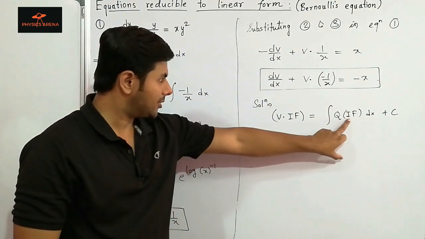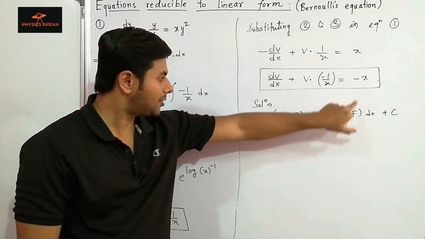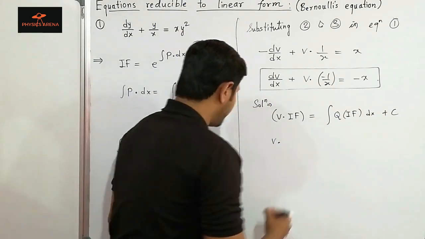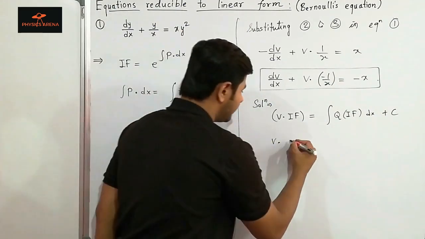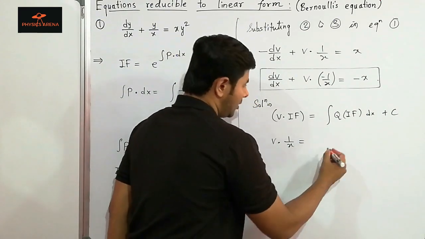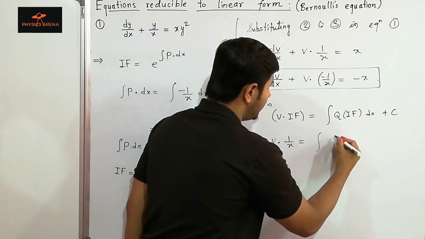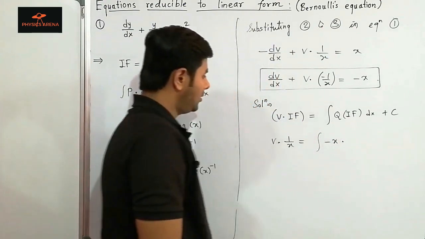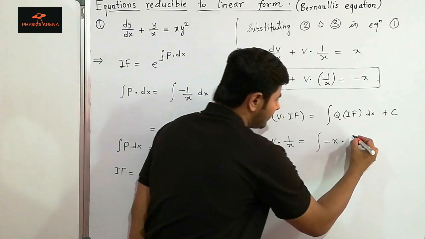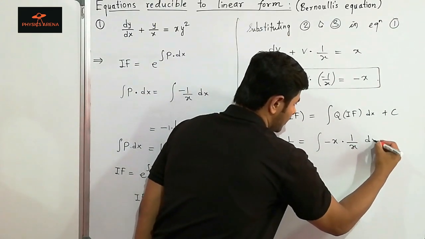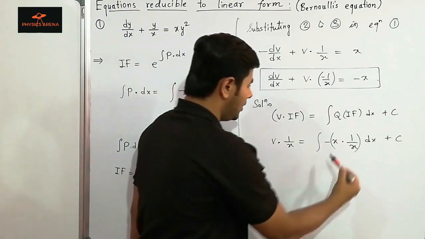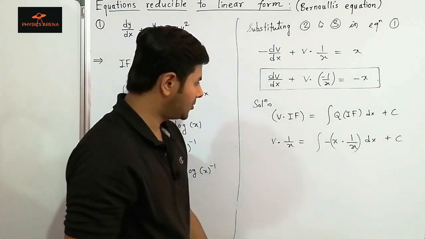Okay, so let's substitute the integrating factor and q here. So we get v multiplied by 1 over x equals integral of q, which is minus x, times the integrating factor 1 over x, dx plus c, and this x gets cancelled out.